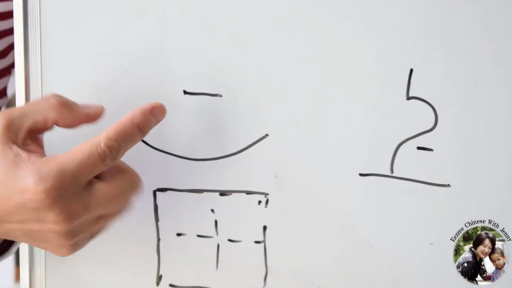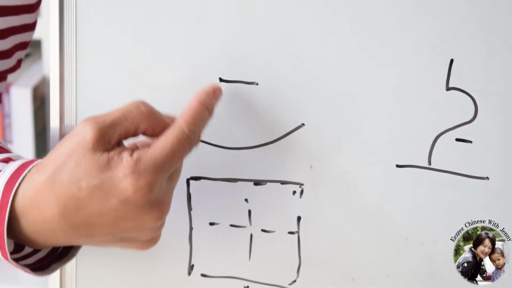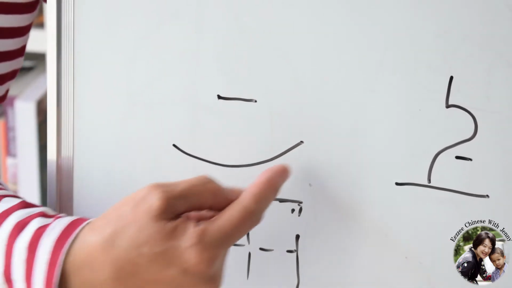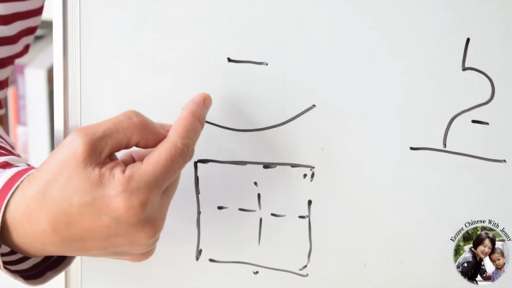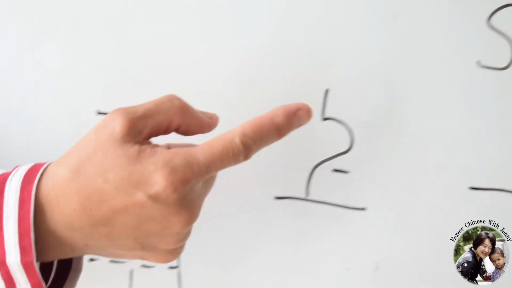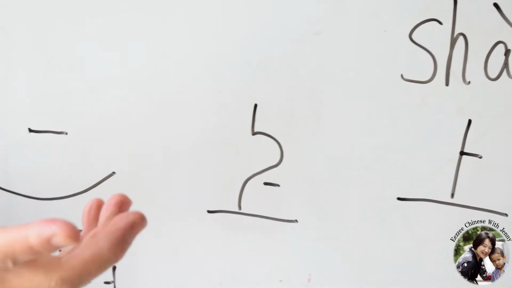How about we now learn up and down? The oracle shape, like something put on top of the ground or above the ground, means above or top or up.